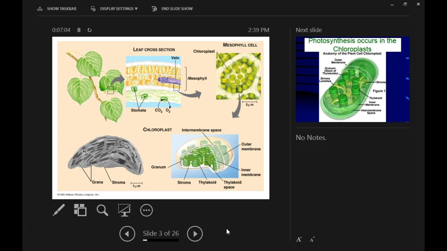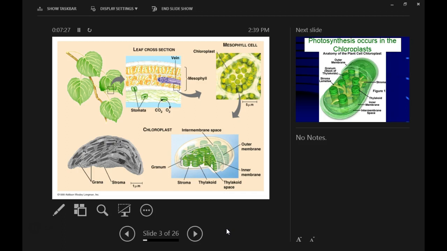Now, we also have in the very middle of the leaf these beautiful cells. This just means mesophyll, which means middle of the leaf. And this has the highest concentration of chloroplasts inside the cells. And if you remember when we talked about chloroplasts, they're a unique organelle in that they have two membranes.